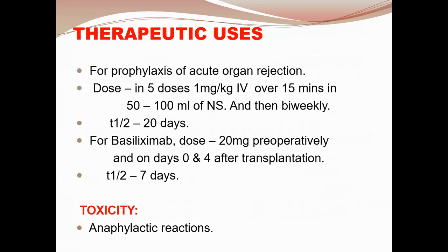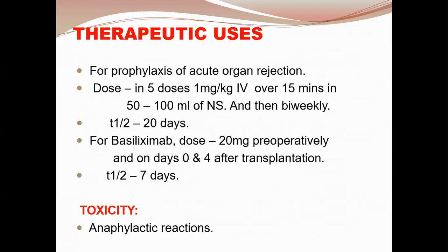Now coming to the uses of these anti-IL-2 antibodies, they are used for prophylaxis of acute organ rejection. For daclizumab, the dose is 5 doses, 1 milligram per kg IV over 15 minutes in 50 to 100 ml of normal saline, and then it can be used bi-weekly.